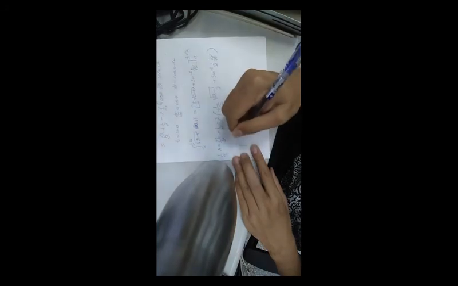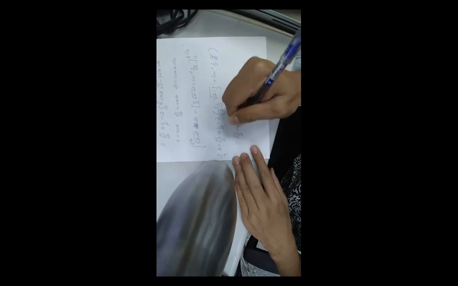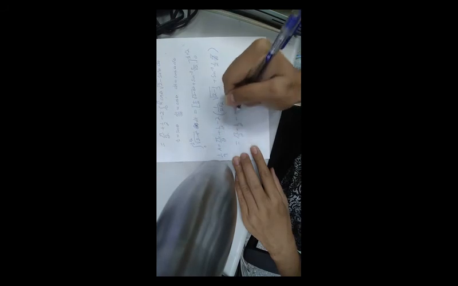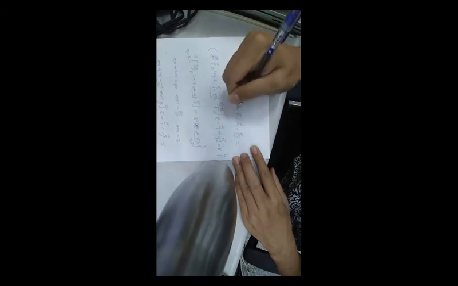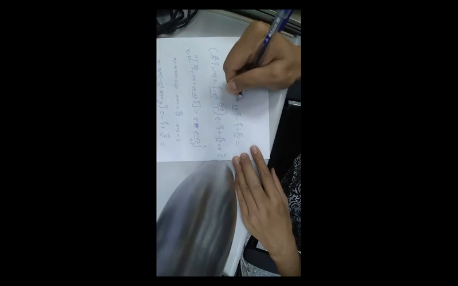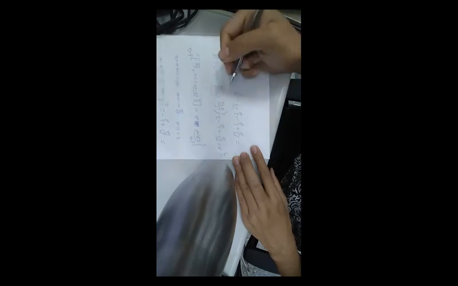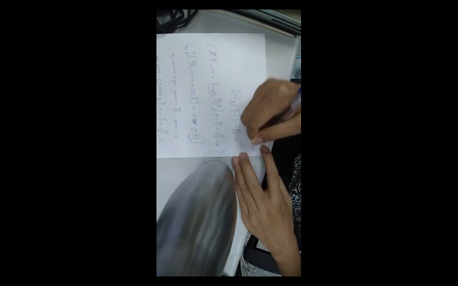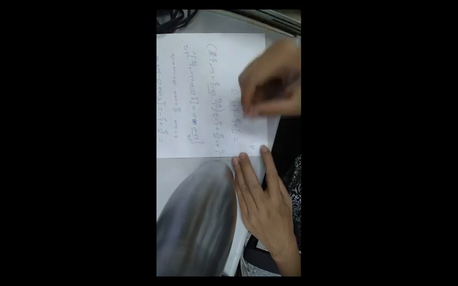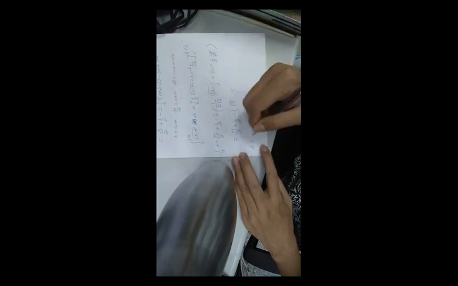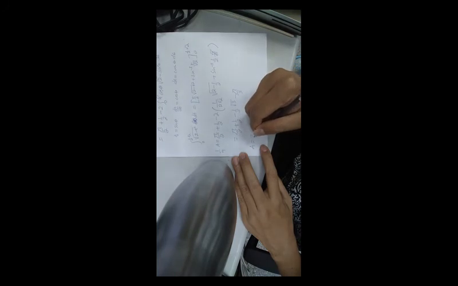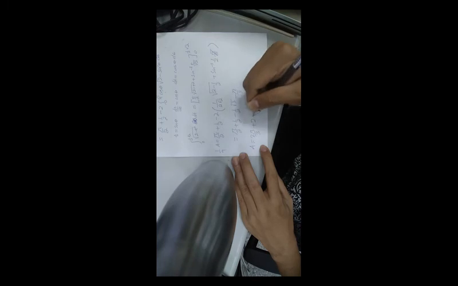It becomes pi over 2 plus half minus half over 3 minus 5 over 3. So A becomes 2 pi over 3 plus 2 minus 2 square root of 3.